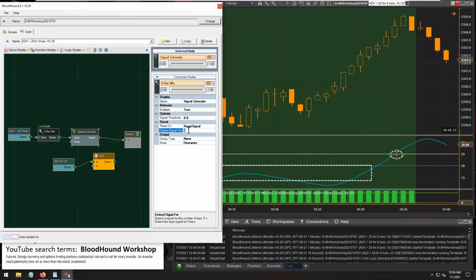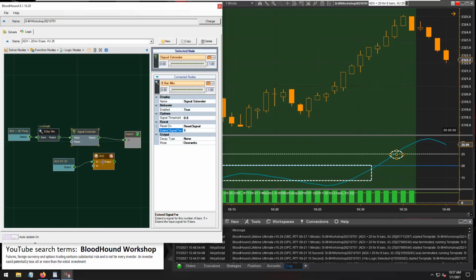But I would guess that at least 5 bars should be enough. If not, maybe increase it to 7 bars so we give the ADX 7 bars to move from 20 up to 25, if necessary. But I would think that 5 is probably plenty to bridge that gap between the ADX at 20 and getting to 25.